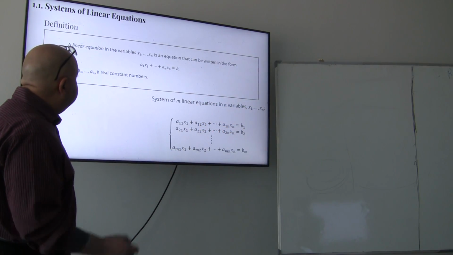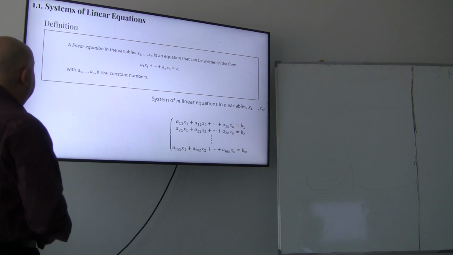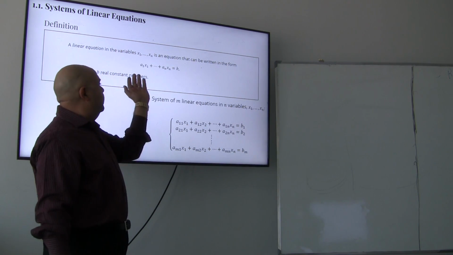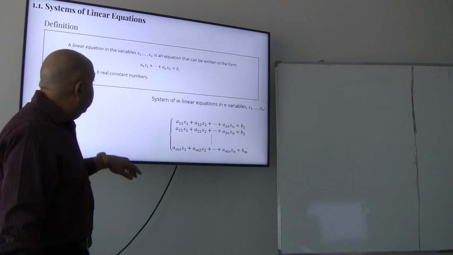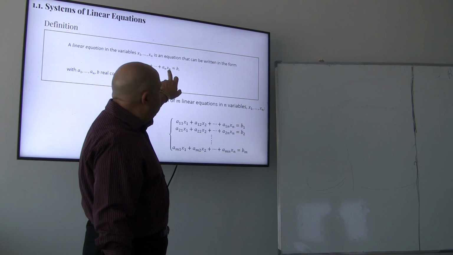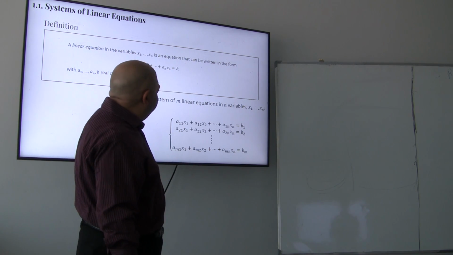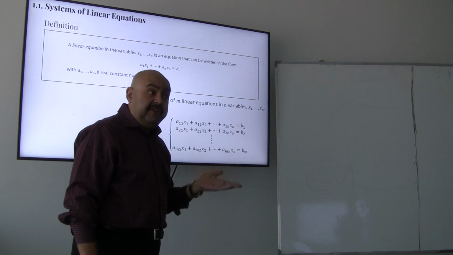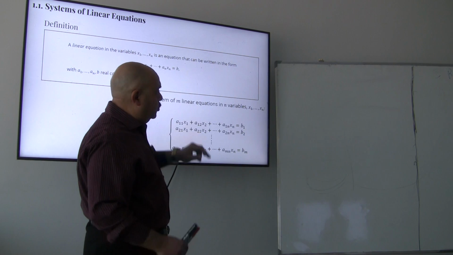Okay, I believe in the previous lecture we already spoke about this. We talked about how we can find an equation in several variables, like this one. You have an equation with n number of variables, unknowns. Of course, a1, a2, a3, up to am, those are the coefficients of these variables, and then it's equal to b.